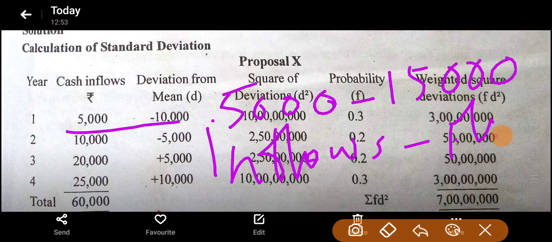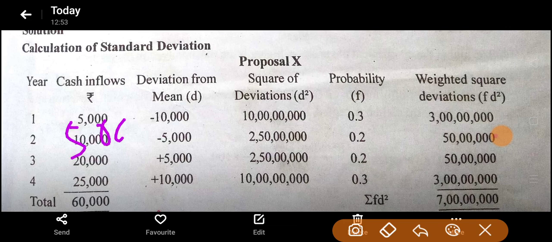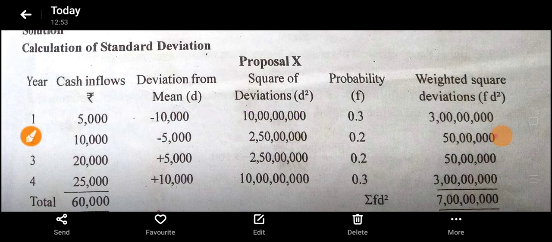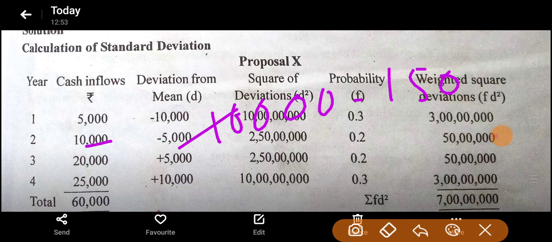Okay, not mean value minus inflow. You should take care about it. So when we deduct 5,000 minus 15,000, that will be minus 10,000. Then 10,000 minus 15,000, that will be minus 5,000, sorry.